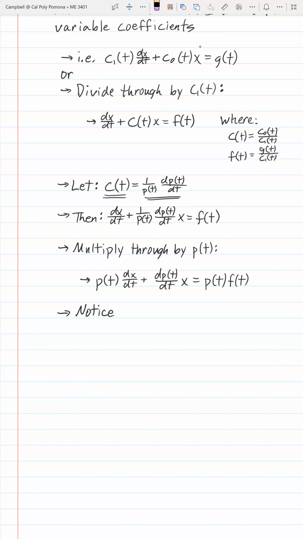Because we forced C of t into this form, look at what we have on that left-hand side. We have the product rule for differentiation. And that is pretty darn cool.